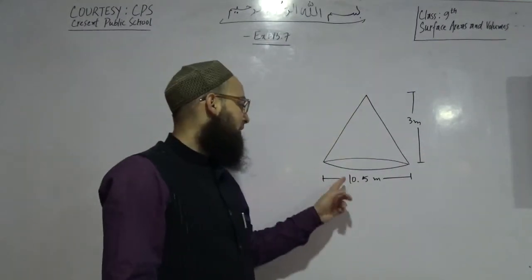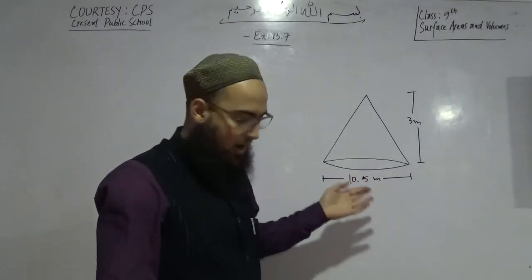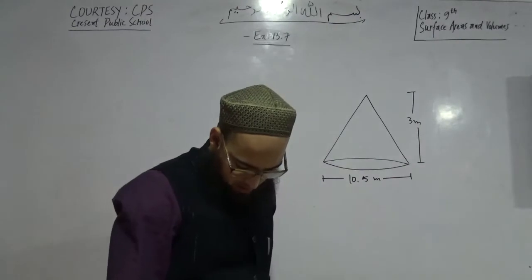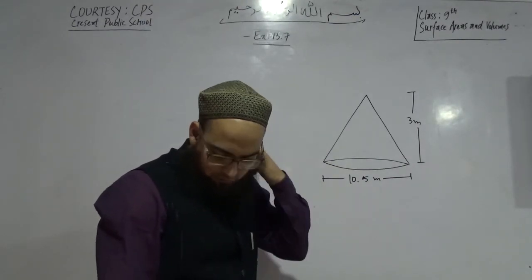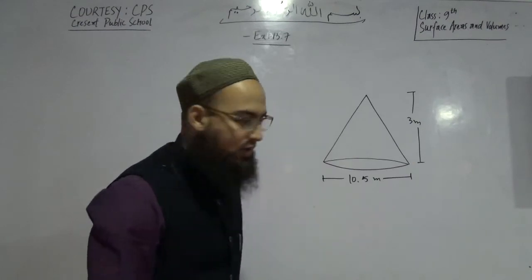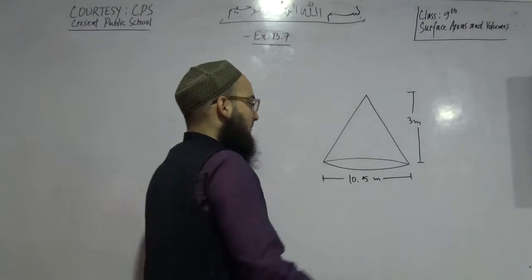Now you can easily find, from the diameter you get the radius, 1 by 3 pi r square h, which is the volume. R is given, h is given. Then the heap is to be covered with a canvas to protect it from the rain. Find the area of the canvas required. Now you need to find the area of this.